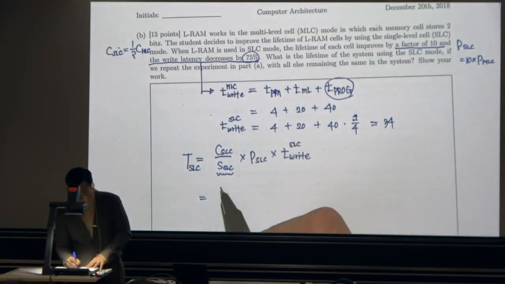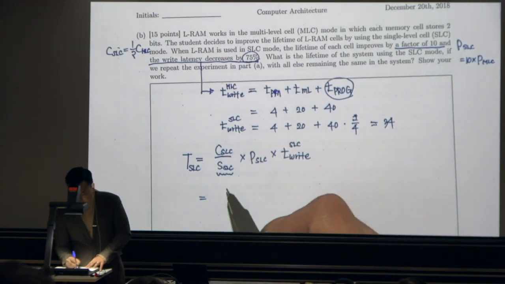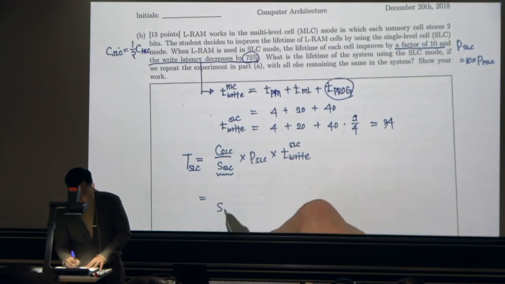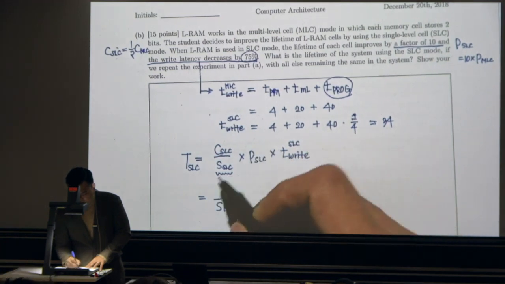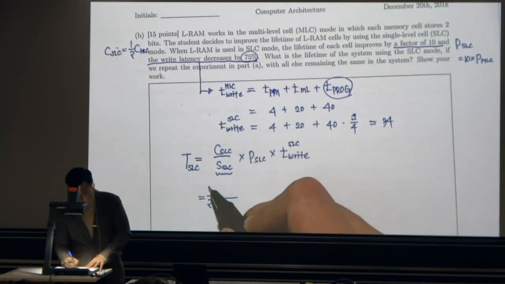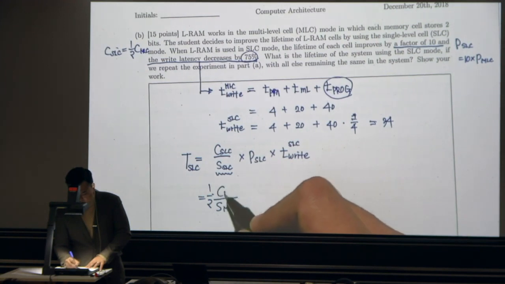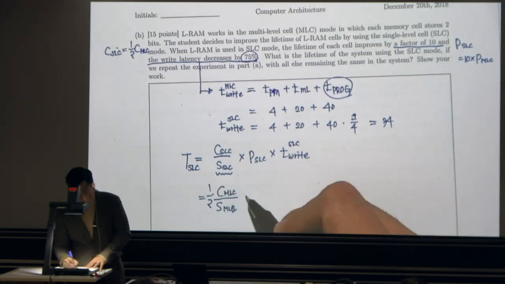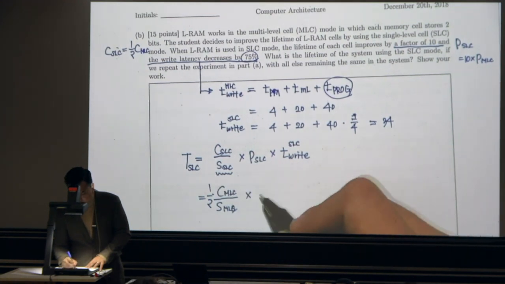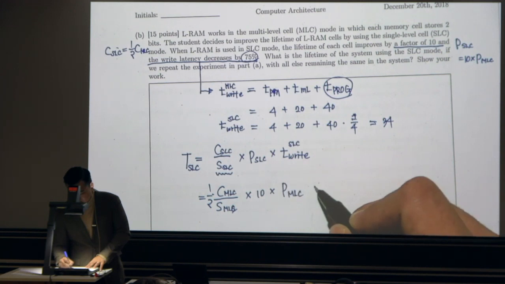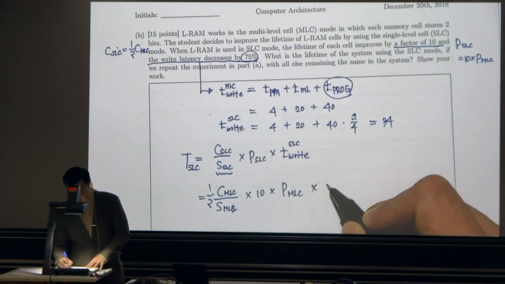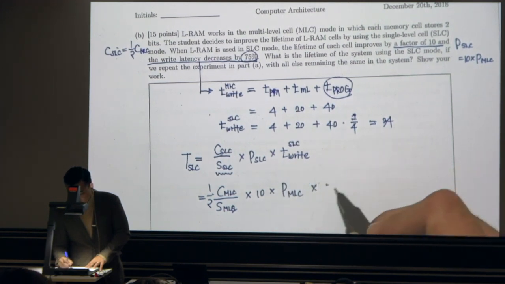So this should be the same as MLC, and the capacity is reduced by half, and the program cycle is increased 10 times, and this is quite tricky.